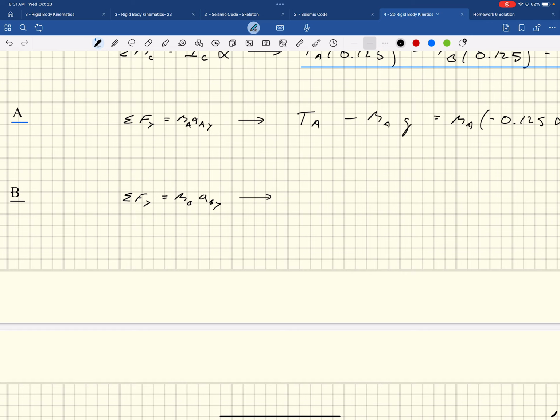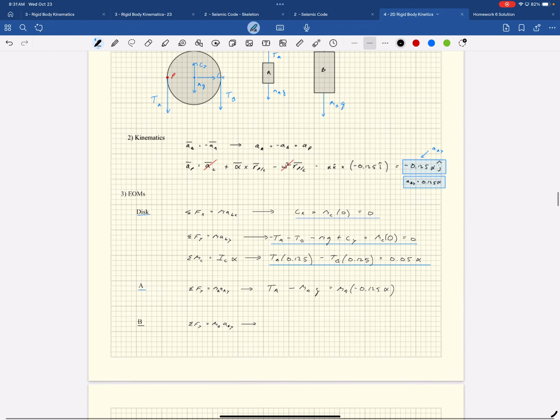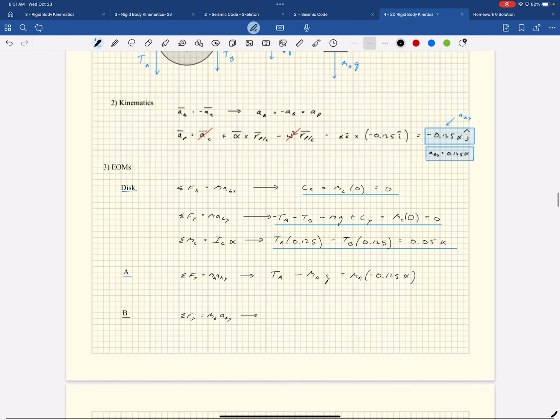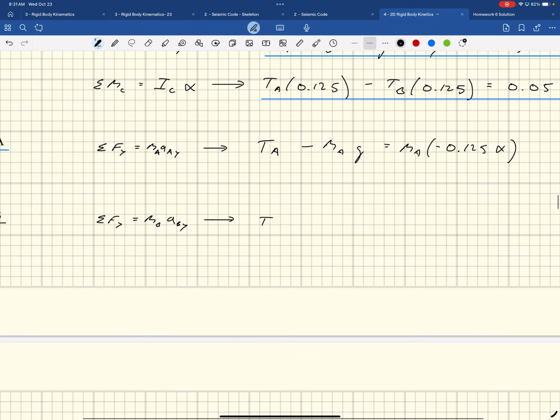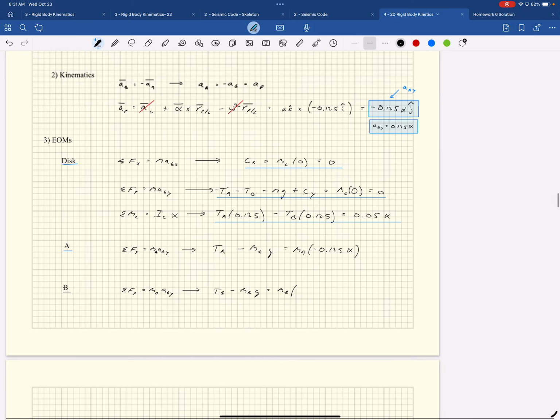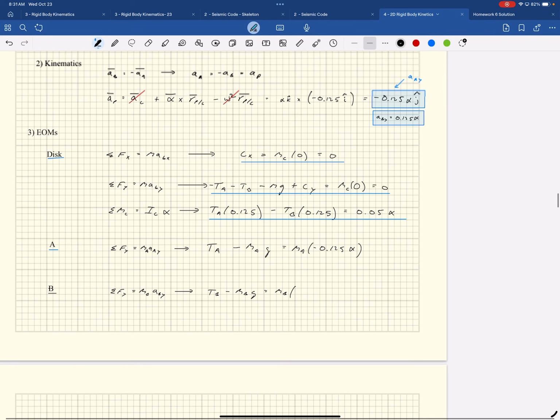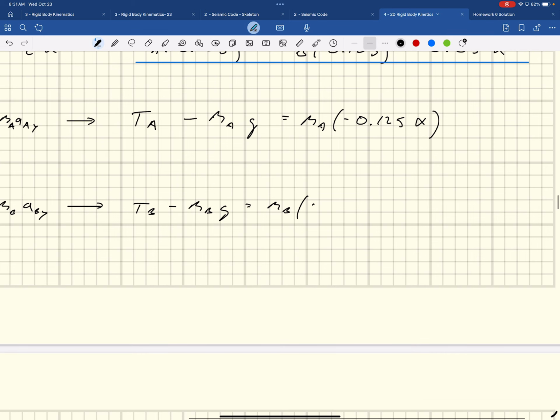Again, we just look up at our free body diagram. We've got TB going up and MBG going down. Minus MB times G is equal to MB times, now ABY is 0.125 alpha. Okay.